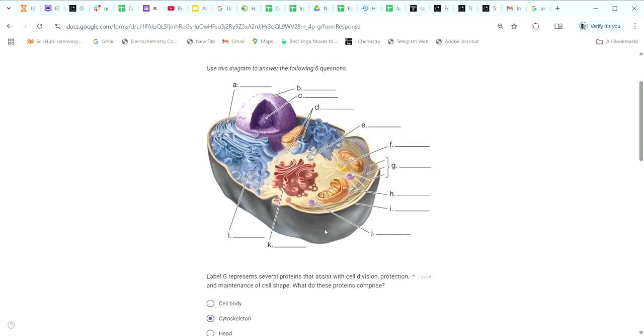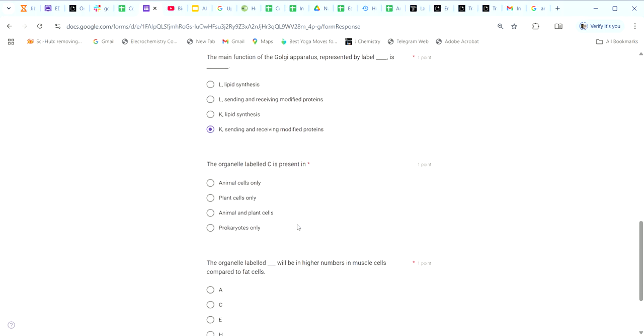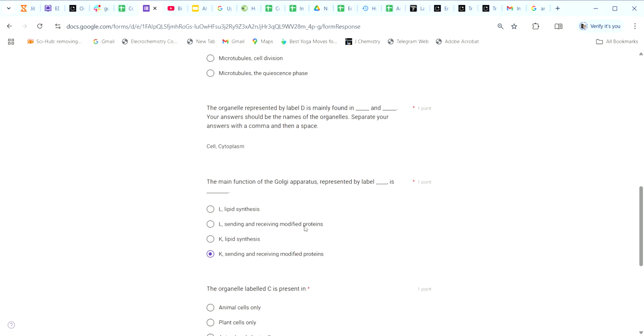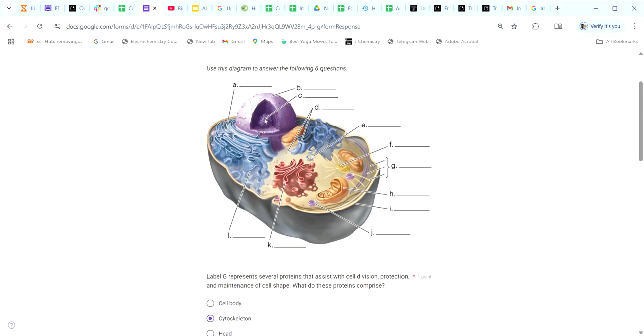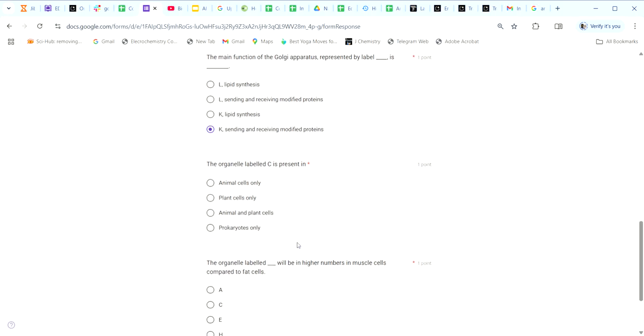So now the question is the organelle level C. Oh my god, what is this? Level C. What are the options? Organelle level C is present in animal cells only, plant cells, animal and plant cells, prokaryotes only. So organelle level C is present in which cell?